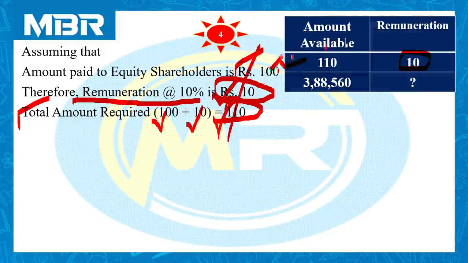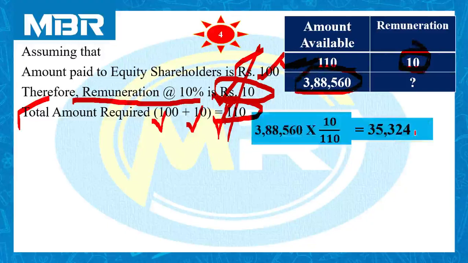So with the amount available to the liquidator 110, remuneration is 10, and we have 3,88,560 in our hand. So simply use a cross multiplication. Using this cross multiplication, you can find the amount of remuneration paid to the liquidator, and it is rupees 35,324.